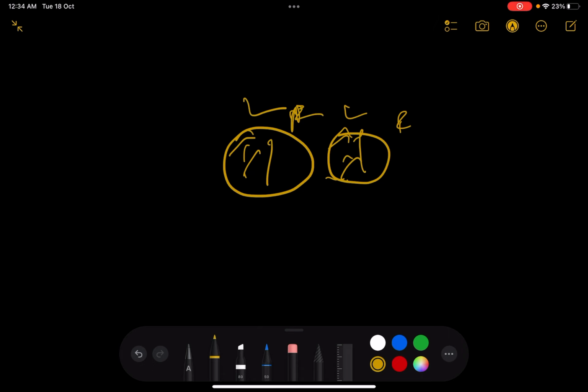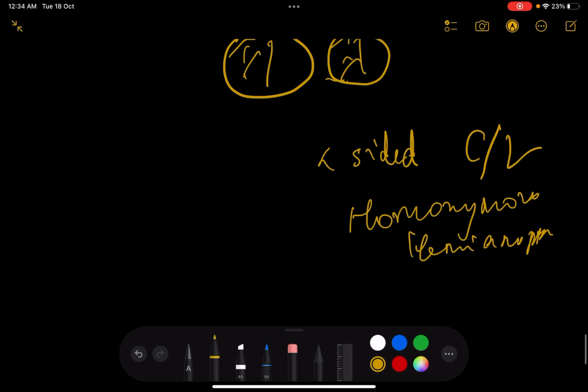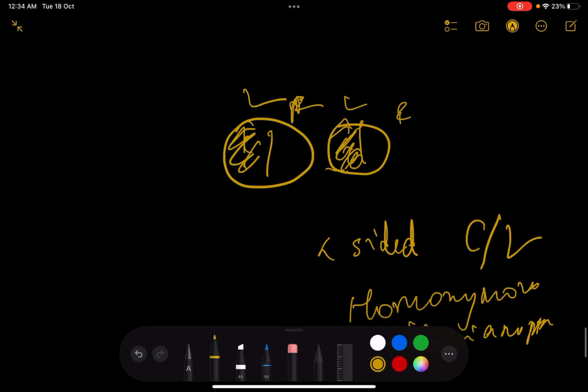So now we can say that this is a contralateral, this is a right sided, because this is a left sided contralateral homonymous hemianopia. Why contralateral? Because different eyes, obviously. Okay, so this is a right sided contralateral hemianopia.